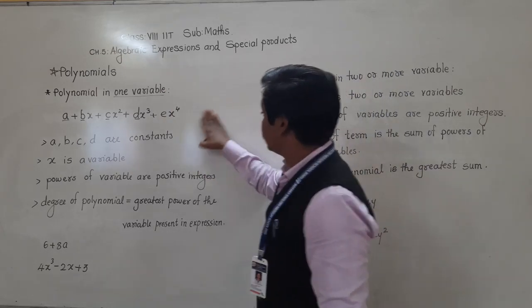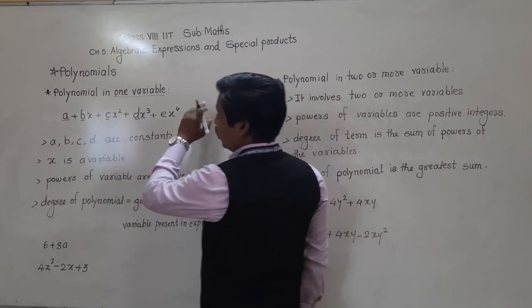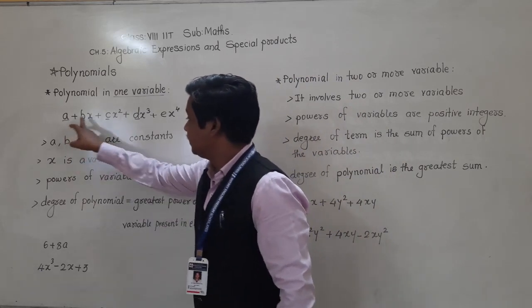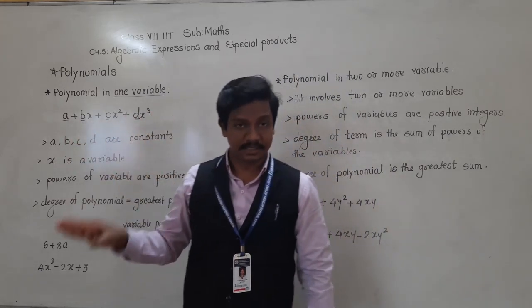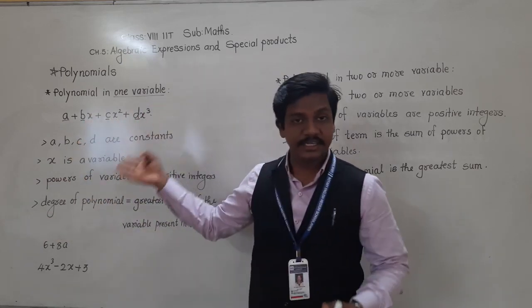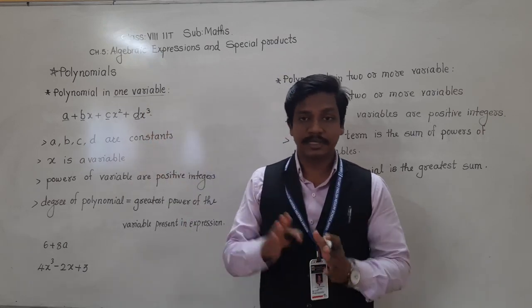Okay, so this is also a polynomial in one variable. The basic important thing is that they should be either in increasing order or decreasing order. Understood? And these a, b, c, d, e should be constants, and there must be one variable. If it is x, then x everywhere. Along with all terms, there must be x.